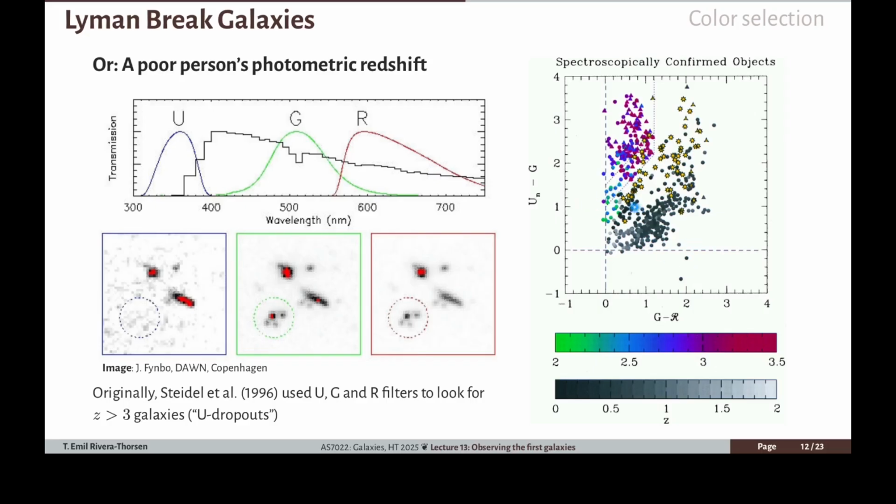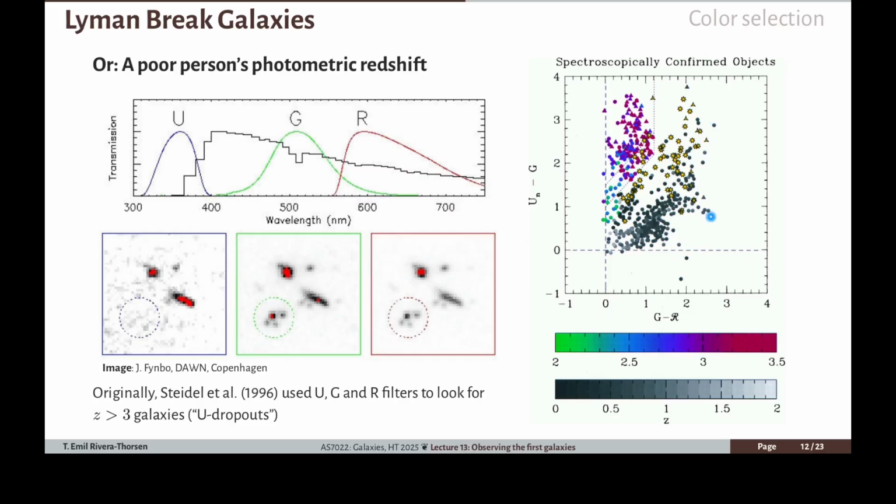And here he basically shows that if you plot their difference in the G and the R bands against the difference in the U and the G bands, then you can take this region up here, and this region will be where you have these U-band dropouts. And then actually these objects are all spectroscopically confirmed. So he has used this not to find new objects, right, but to test that the method actually made sense.